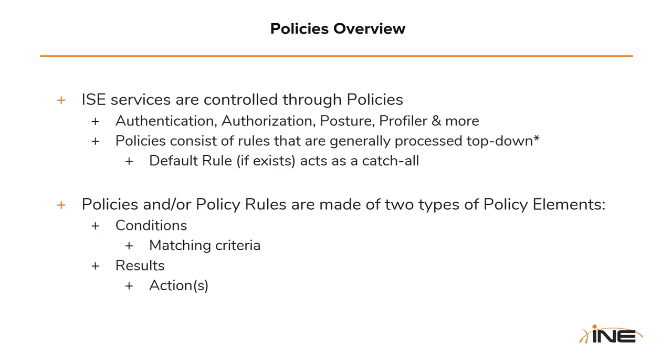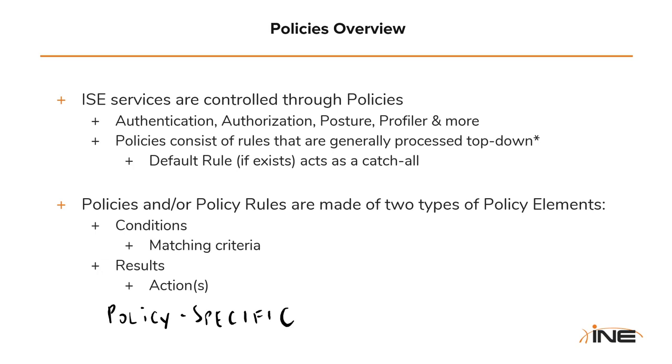Okay, one thing that is not listed here, but it makes sense to at least mention, is what I would call a policy-specific element or just component. A policy-specific component or element is something that is not really a condition and not really a result, but you may find it in certain policies.